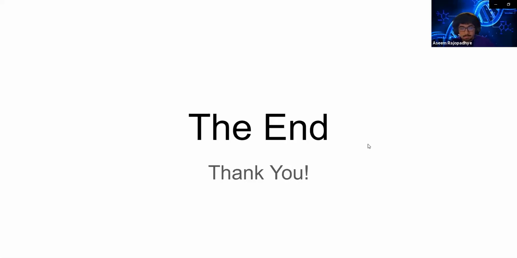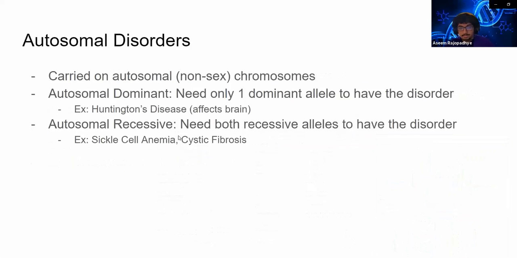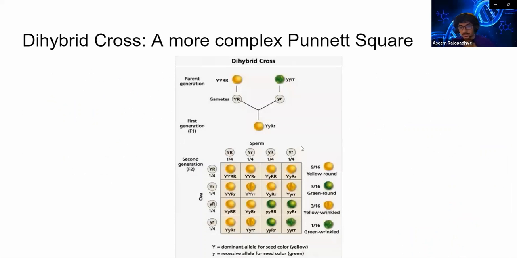Okay. So if you go back to the dihybrid crosses initially, you can see the answer is 9 out of 16. Wait, am I wrong? Never mind. Okay, no, it's just one.